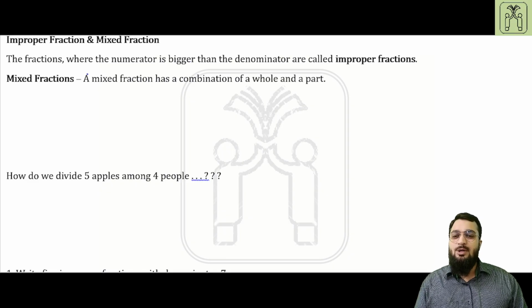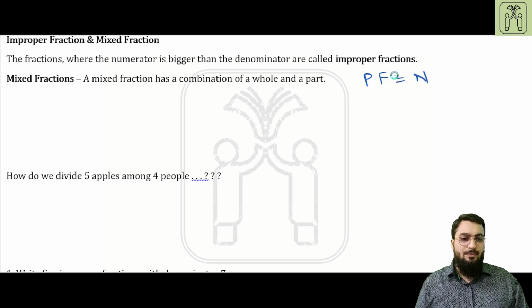Now coming to the topic improper fraction, an improper fraction is nothing but the opposite of a proper fraction. So what was a proper fraction? By definition, and this triangle with an equal to sign underneath is the symbol of definition, the numerator is less than the denominator.